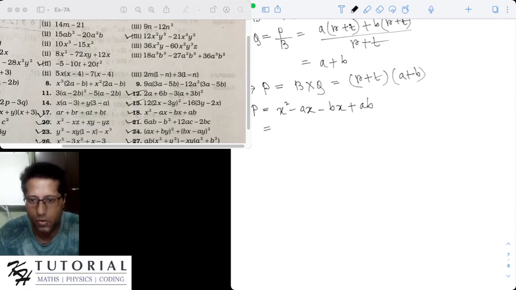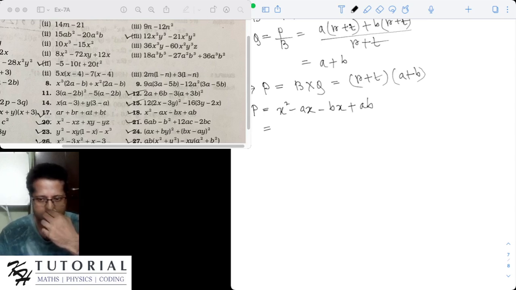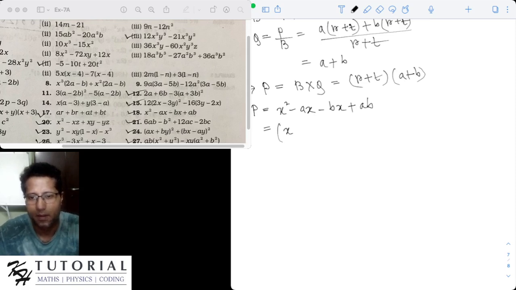If you group x square minus ax, you can factor out x and you will have x into x minus a. Okay, so I think it will work. Let's group x square minus ax and let's group plus ab minus bx.